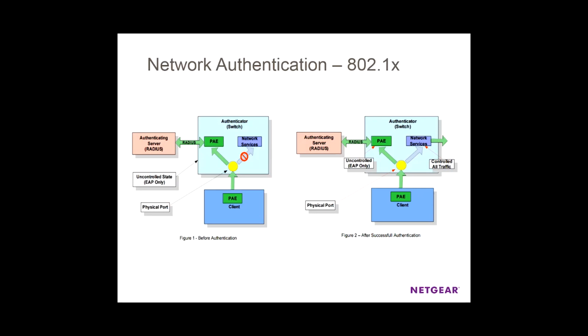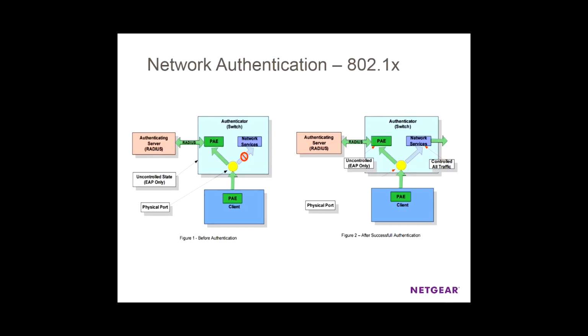This username and password goes to the Radius server, and the Radius server sends back an authentication packet to say, hey, this username and password are correct. So this computer is allowed to get into the network.